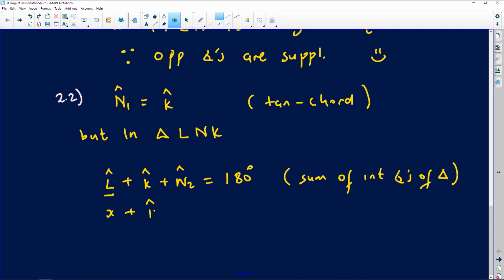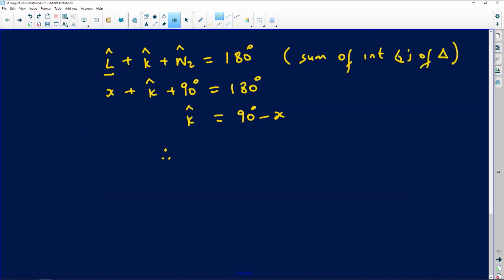We are looking for angle K, and we did conclude that angle N2 is going to be 90 degrees. Therefore, it means angle K will simply be 90 degrees minus x, when you subtract 90 and x on both sides of the equation, right? Okay, therefore, we can then conclude that angle N1 is also equal to 90 degrees minus x, because it is equal to that particular angle, which is angle K.